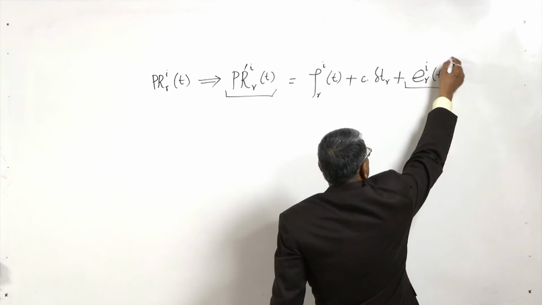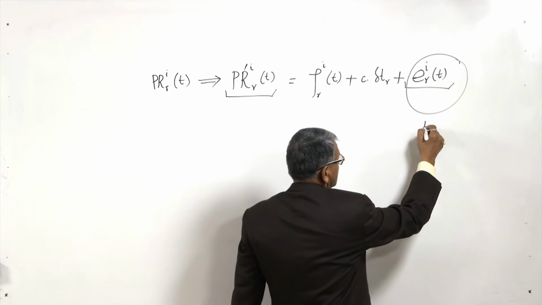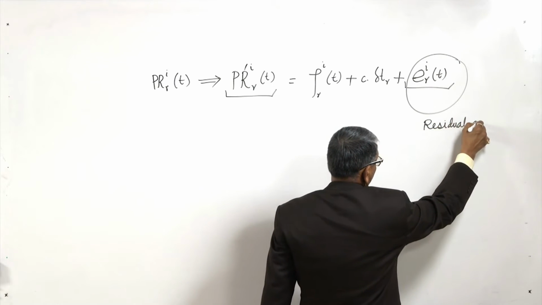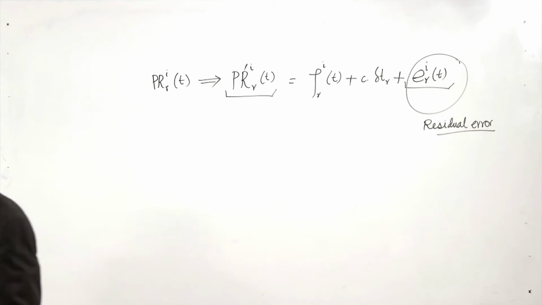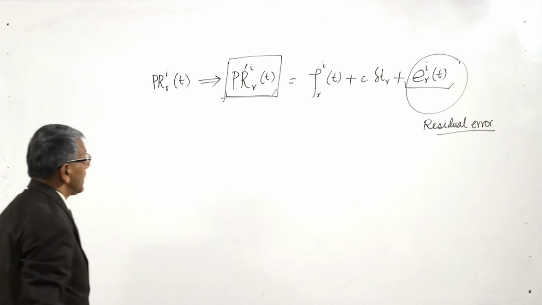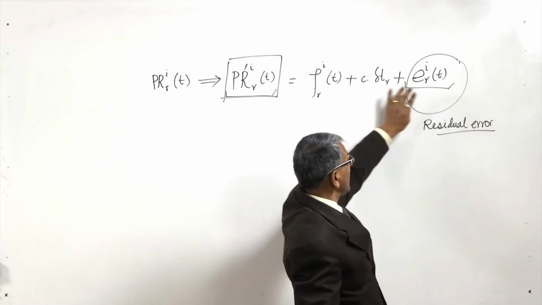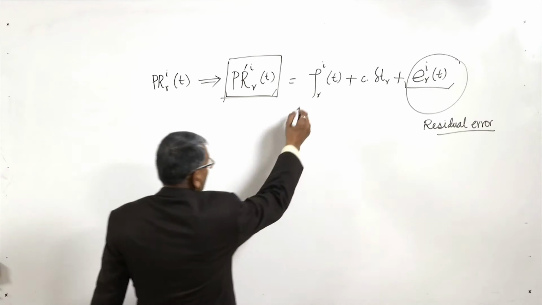Ultimately some error remains, which I can call residual error. So this is the pseudo range value which we have, and it consists of these. This is the residual error.